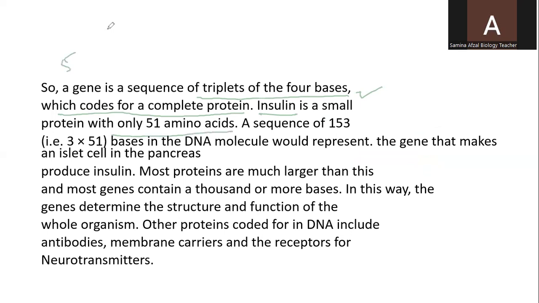It means 51 amino acids join together to make the insulin molecule, and each amino acid has 3 nitrogen bases. 51 multiplied by 3 gives 153. A sequence of 153 bases in the DNA molecule would represent the gene that makes insulin in an islet cell in the pancreas.